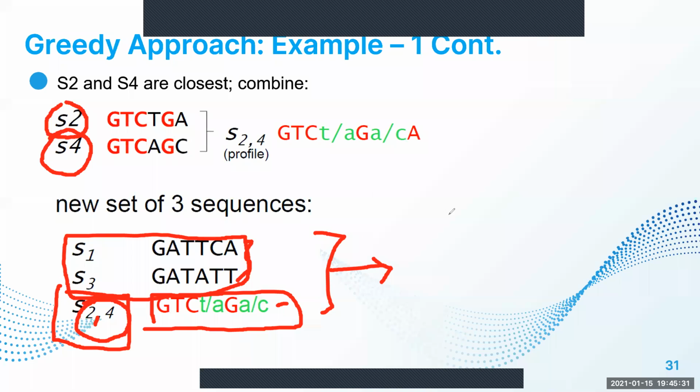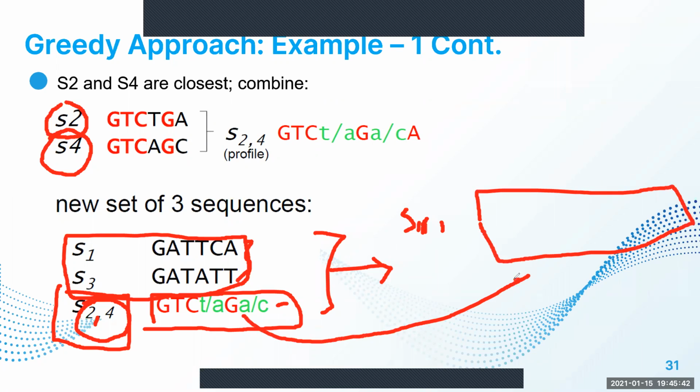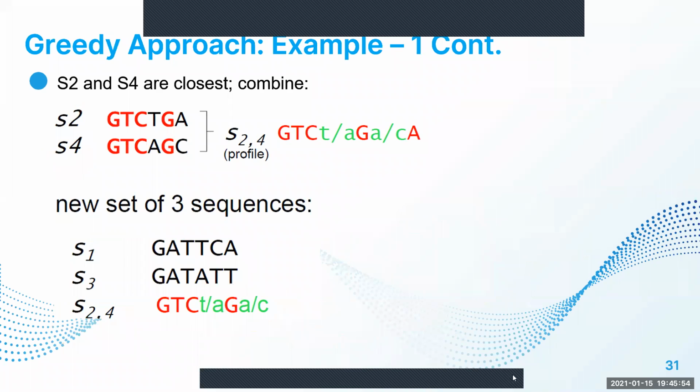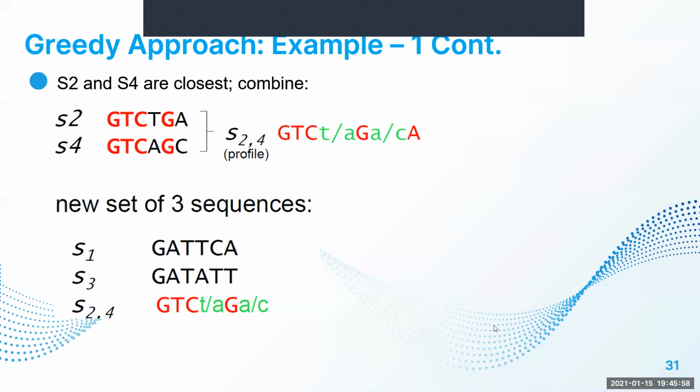At the end of the algorithm, we get one profile, something like this with options. If you have several options for one column, you can write it like this. Is it clear? I'll give you an example to do the next day.